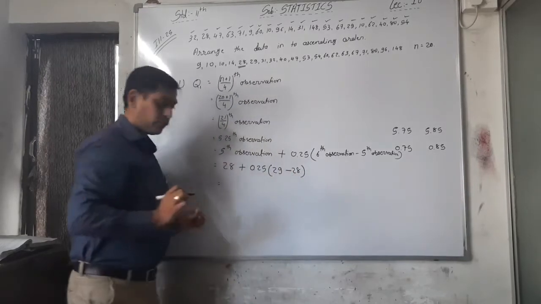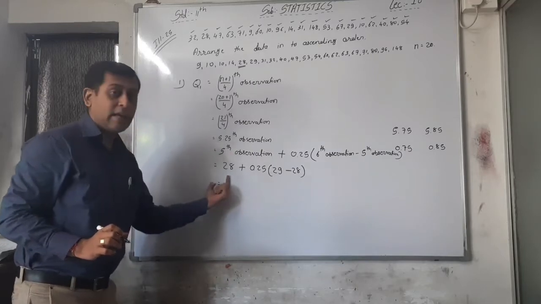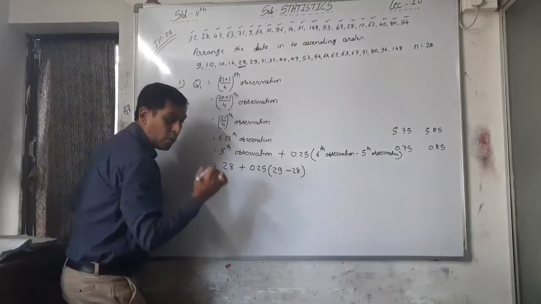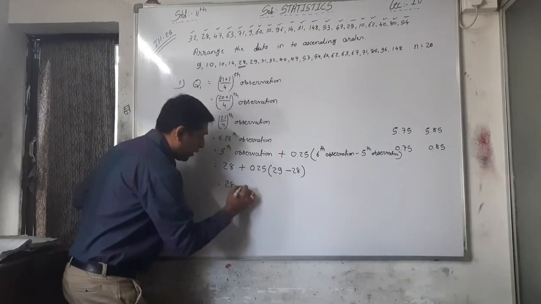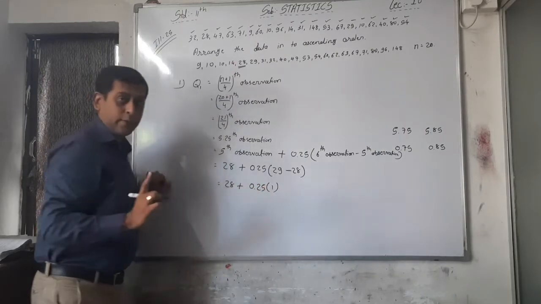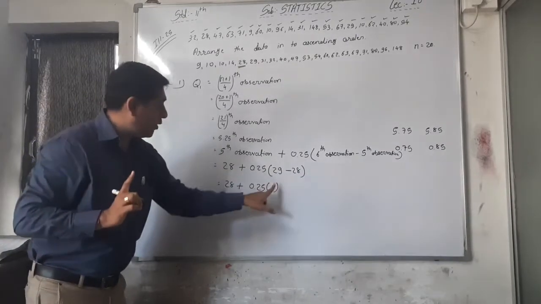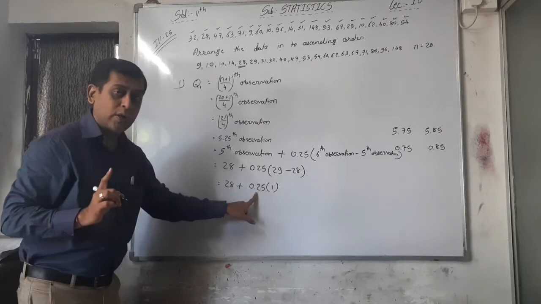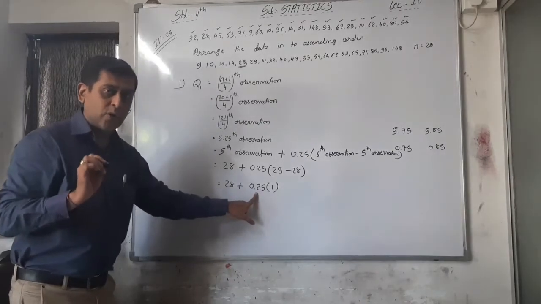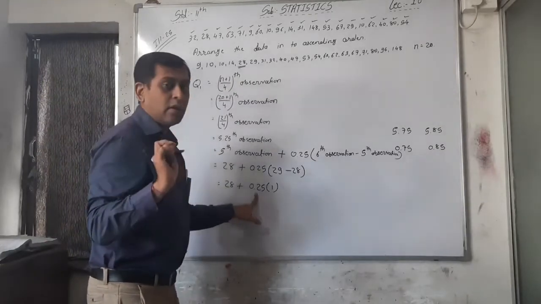Here you have to first open the bracket, then multiply and then add. So here is the BODMAS rule. 28 plus 0.25 into 1, because 29 minus 28 is 1. Then multiply 1 by 0.25, again it is 0.25, because multiplication by 1 keeps the same amount.